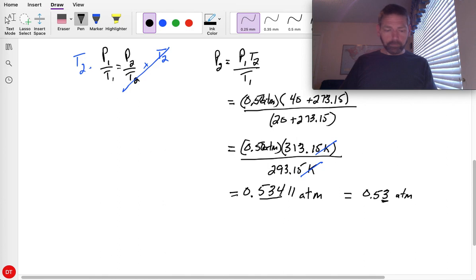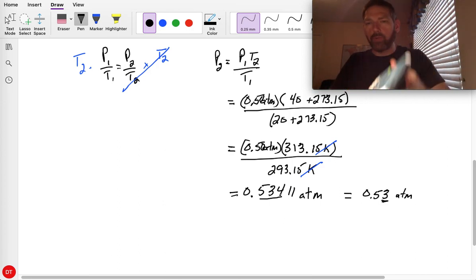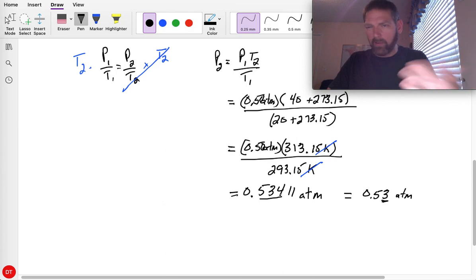Okay. So let's do this again real quick. I'm curious. So let's see, if we went 40 plus 273, now that's times 0.5. So you should see that you'll get 156.5. Okay. So what I've done is I'm redoing the top without the 0.15. I'm just assuming it's not there.